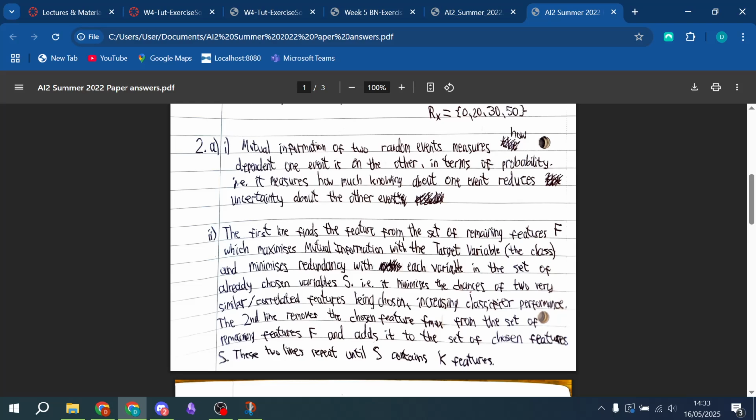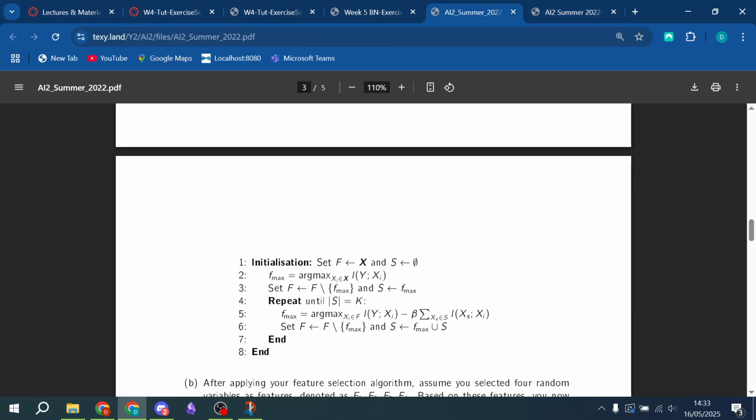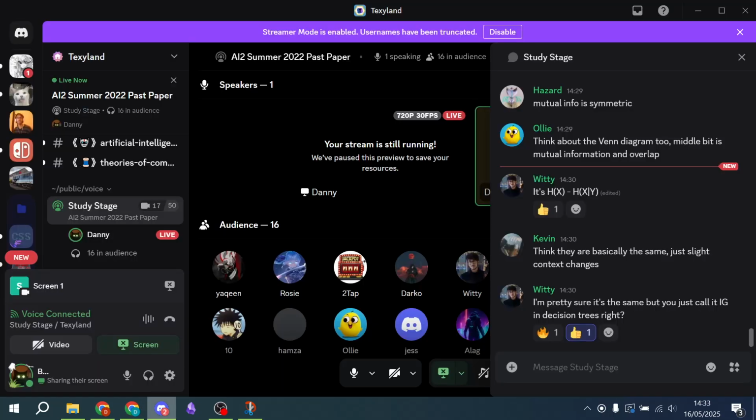And then, because that's the maximizing bit here, we're maximizing the mutual information between the current variable we want to select and the class variable, which is which class the data's going to. And then we're maximizing this, but because we're subtracting this, we are minimizing it, I think. I think that's right.